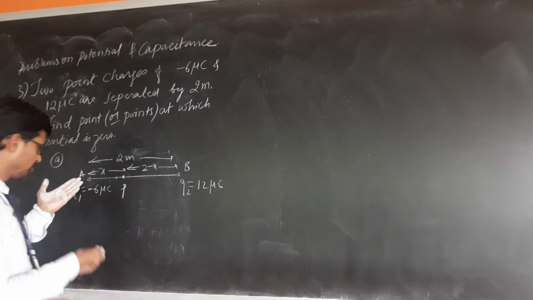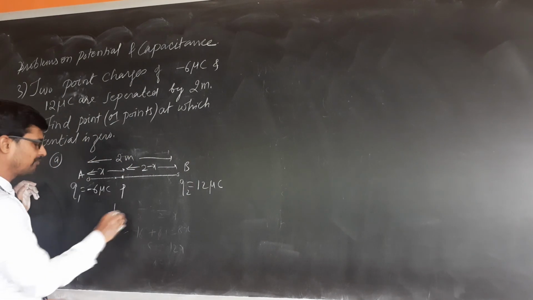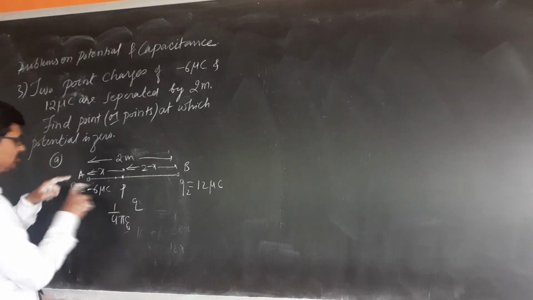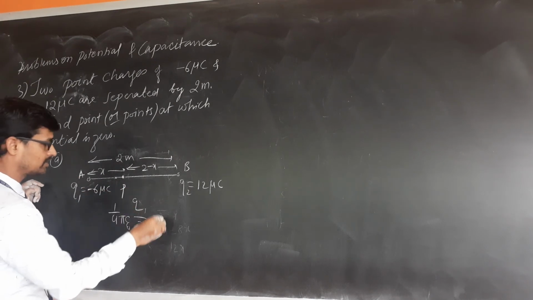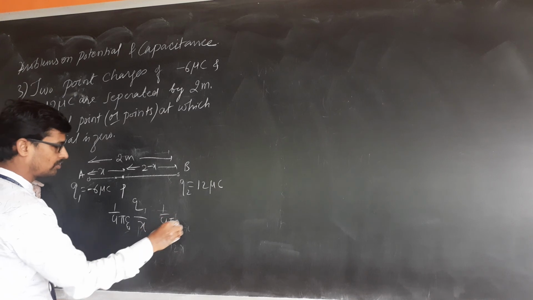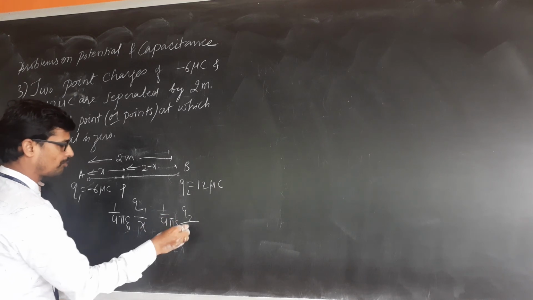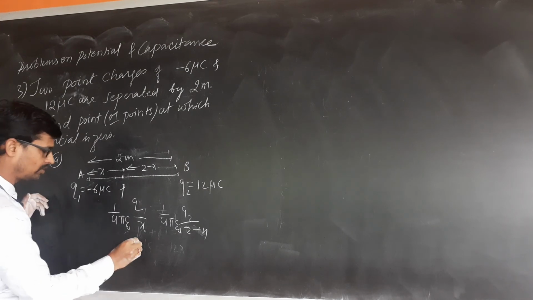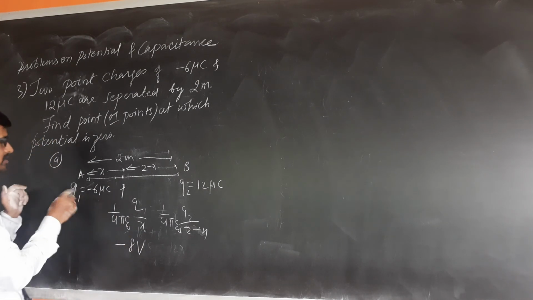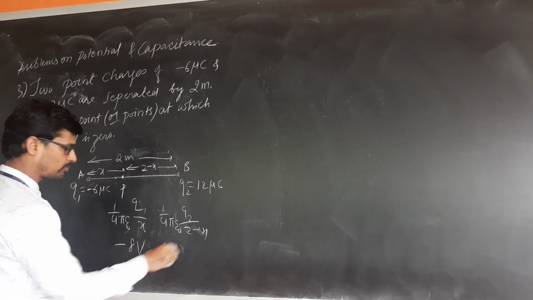0. Suppose its potential is 1 by 4 pi epsilon naught, charge Q1 upon distance x, and its potential is 1 by 4 pi epsilon naught Q2 upon 2 minus x. Suppose this potential is minus 8 volt because of the negative charge, and this is plus 8 volt.